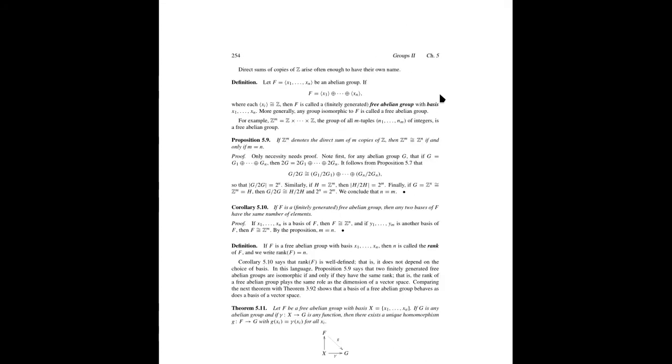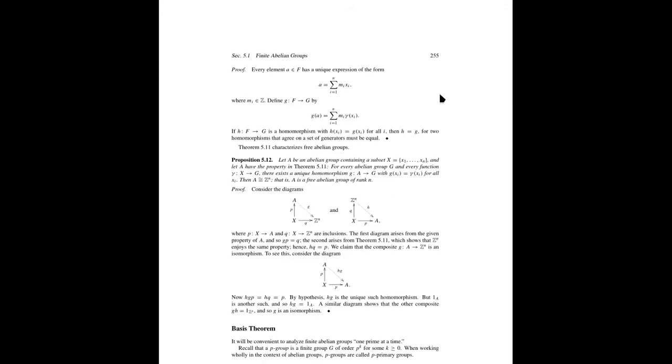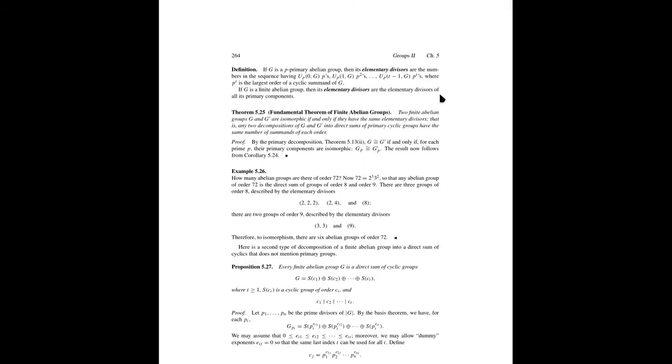Other than that, we have the free Abelian group, of course, that's a big thing. And for the Basis Theorem, we have these. And yeah, the Fundamental Theorem, I don't have much idea about it, but I guess you've done more than me, so we'll see.